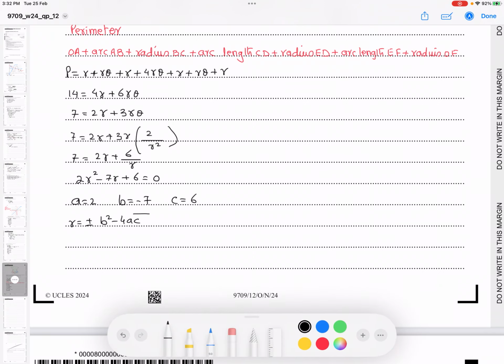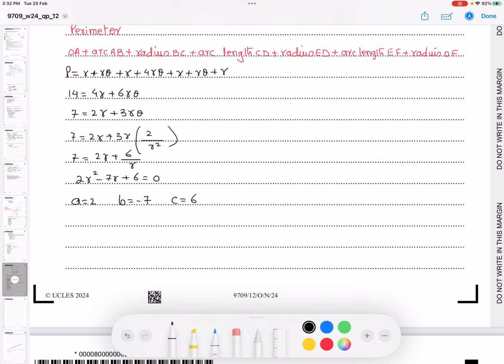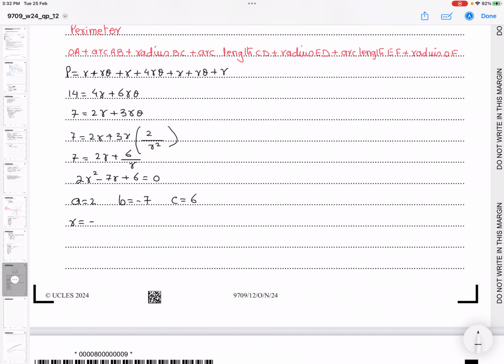Wait. I have done some kind of mistake. Minus b plus minus square root of b square minus 4ac whole over 2a.